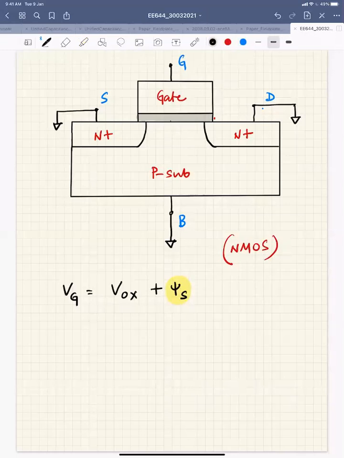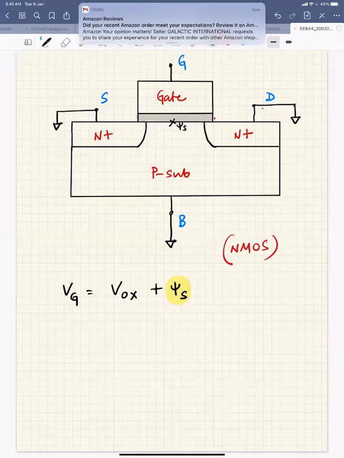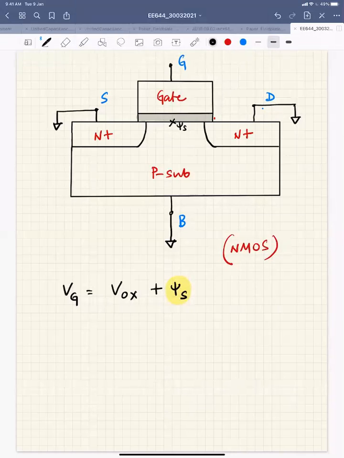That means at the surface, at the interface, this is psi s. The voltage drop in the silicon is psi s minus the voltage applied at the body. Since the body is grounded, the voltage drop across silicon is psi s.